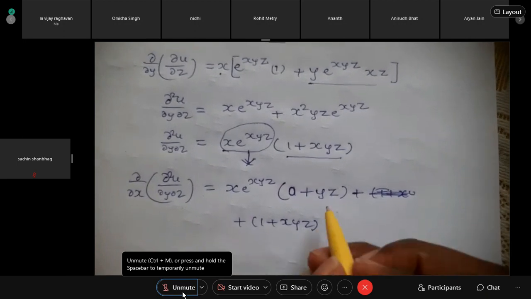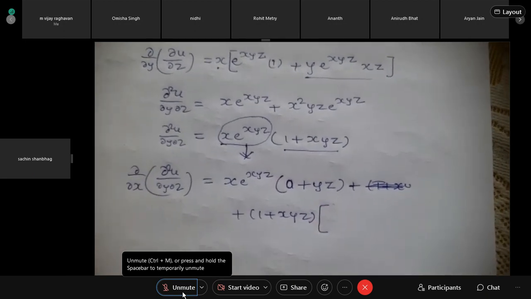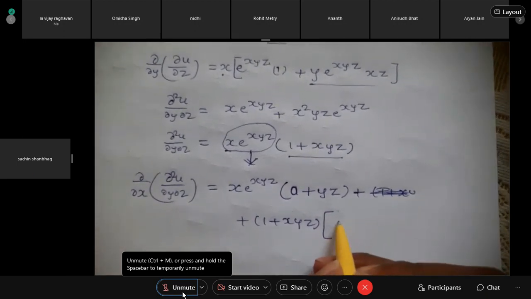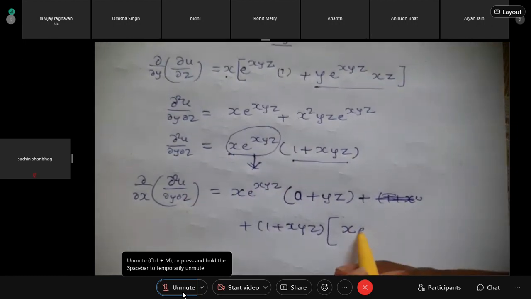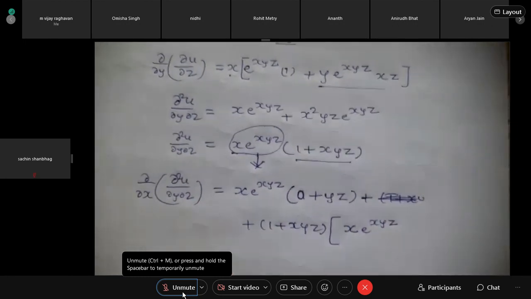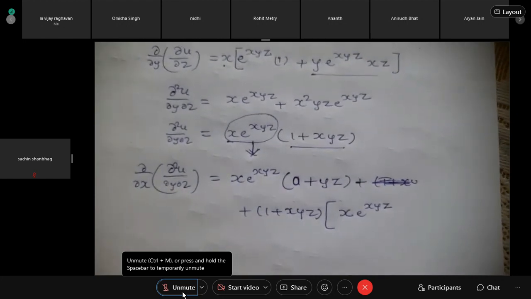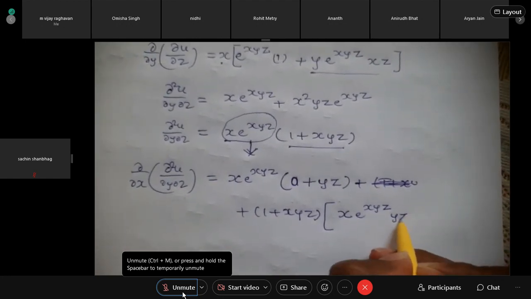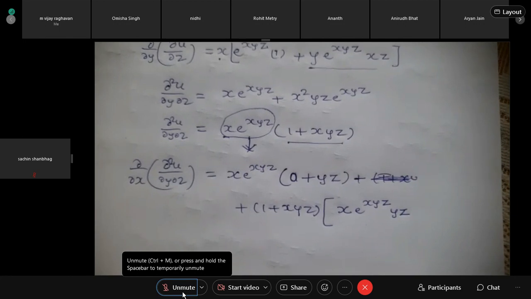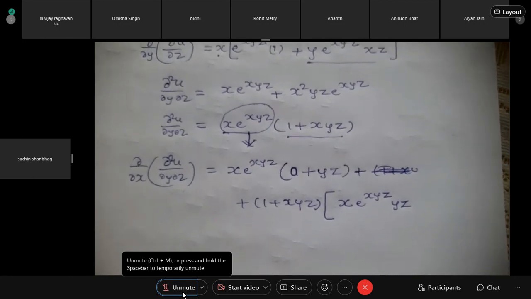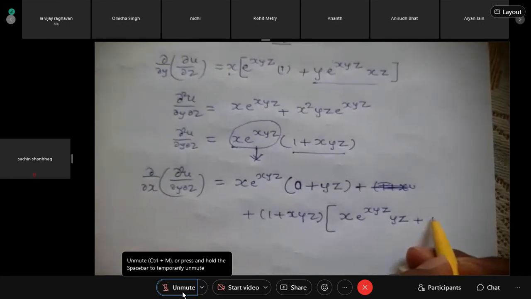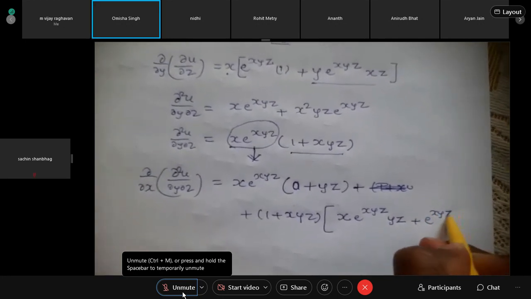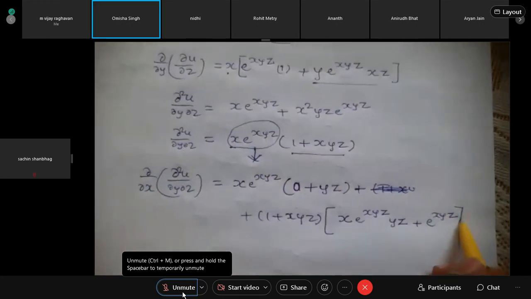You have to take product rule separately in the brackets. First function e to the power of xyz into differentiation of the interior term with respect to x, which will become yz. Yes, sir.